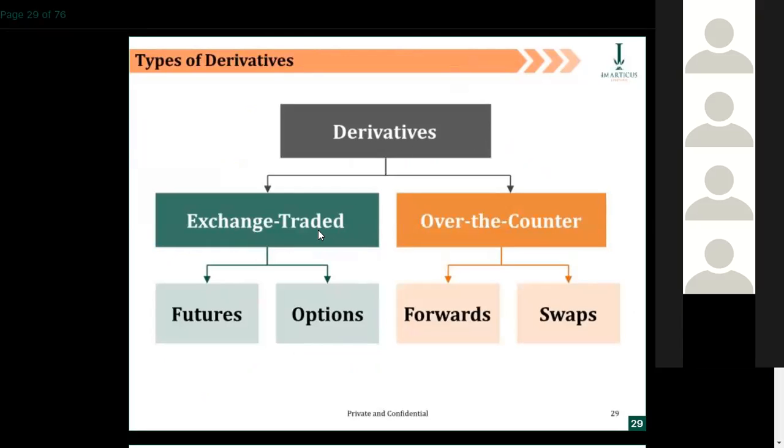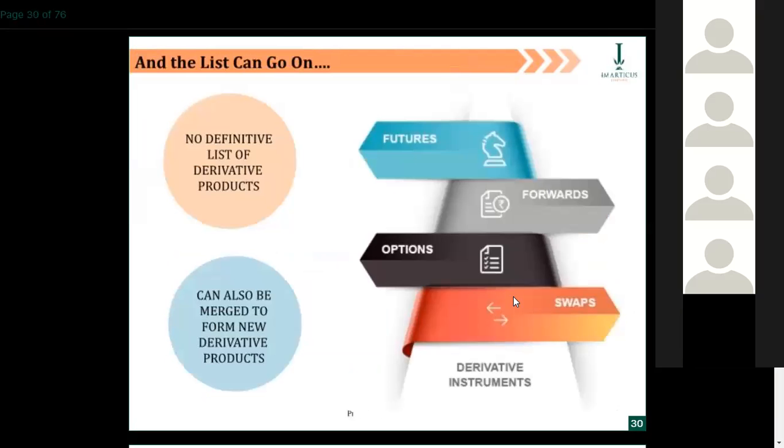Exchange traded are futures and options, and over the counter are forwards and swaps. In addition to this, you can also add options in over the counter. The over the counter market has forwards, options and swaps, all three, and the exchange market has only two, which are futures and options.